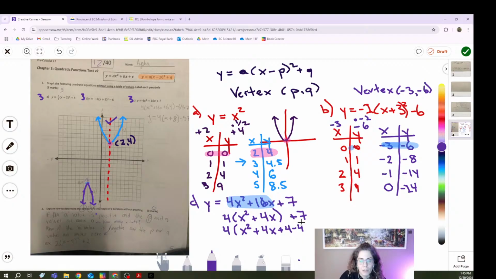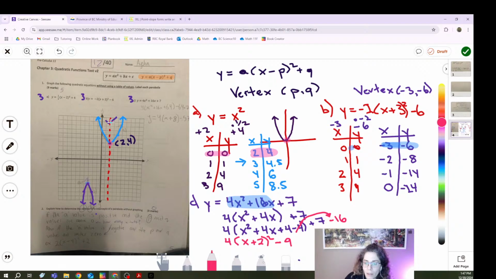So we should be able to plot this then. It's kind of sucky they make you put it on the same graph that's already got a bunch of stuff. So that vertex would be like right up here at 2, 9. Is this parabola opening up or down? Right, so they really didn't give you a whole lot of room to do this one.